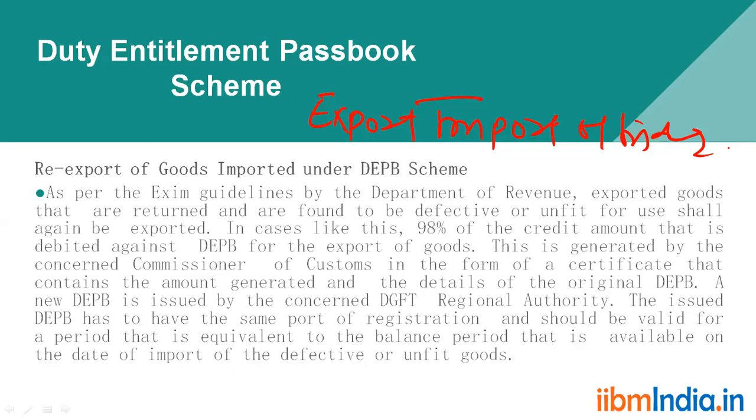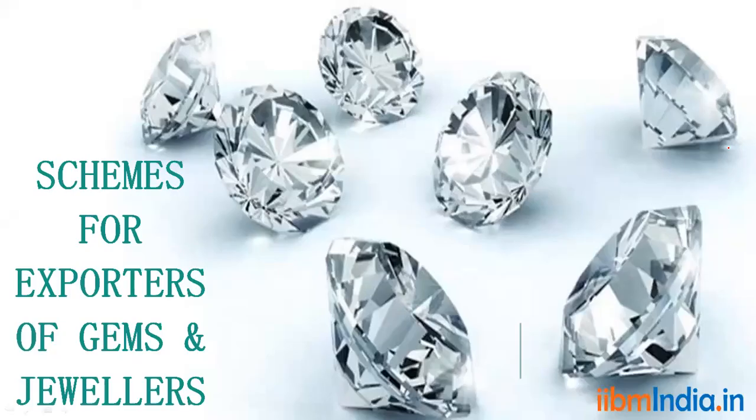The issued DEPB has to have the same port of registration and should be valid for a period equivalent to the balance period available on the date of import of the defective or unfit goods.